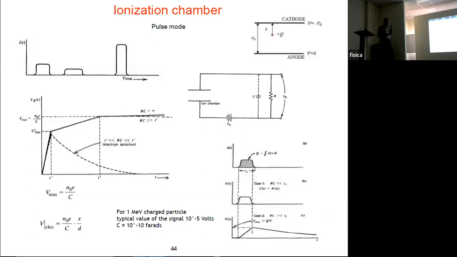When the interaction happens, you have a charge cloud, electrons and ions. Electrons and ions start moving in opposite directions. Electrons move to the anode, and ions move to the cathode.